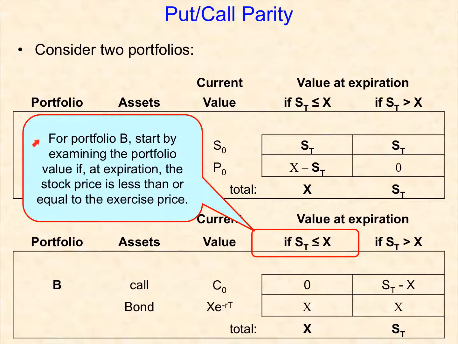For Portfolio B, we start by examining the portfolio value if, at expiration, the stock price is less than or equal to the exercise price. Recall again we have a call and a bond. There is no stock in this example, but there will be a stock price because there's a call option. So we look to see if the stock price is less than or equal to the exercise price on the day the call option expires.